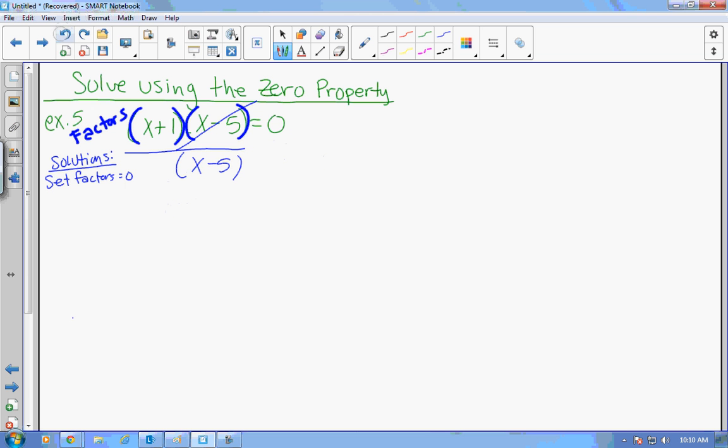Now I'm erasing, so that's why you shouldn't be writing this. I could choose to divide by the first one instead. And look what happens. This is why this property is legal. X minus 5 equals 0. Okay, I'm going to erase this.